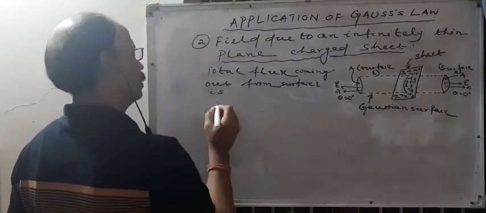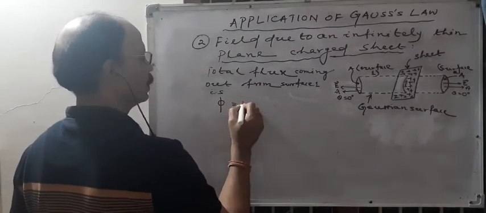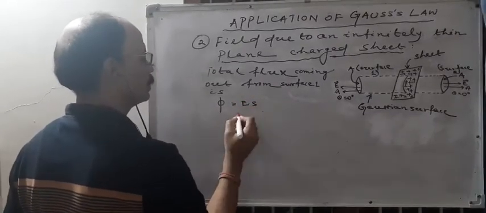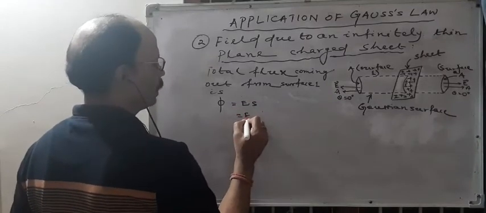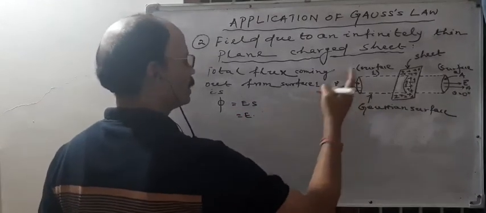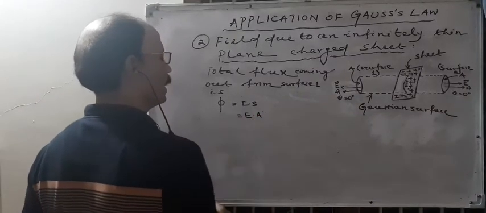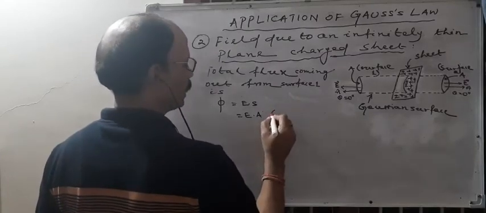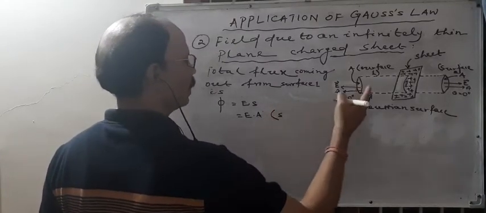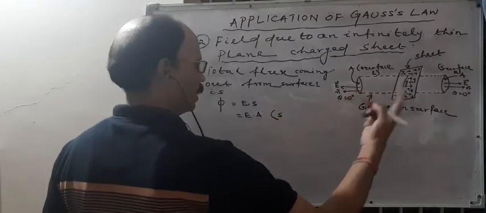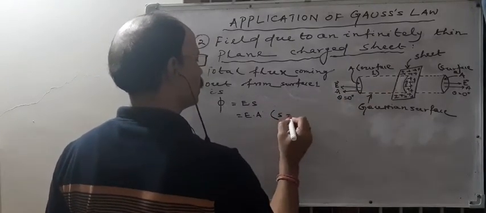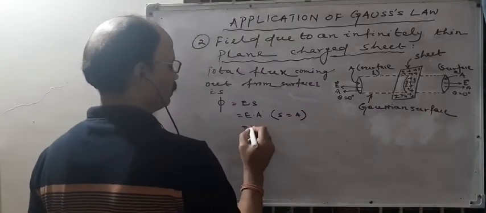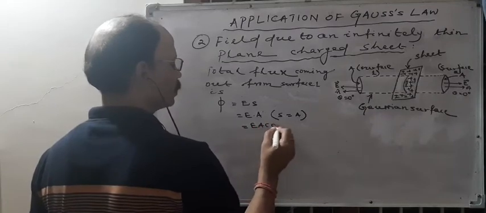what is that? Phi is equal to E dot S. We are just writing directly phi equal to E dot S. Here S is the area, that is A. E dot A, because here S is the surface area of this cylindrical Gaussian surface, S equal to A. E dot A means E A cos theta.